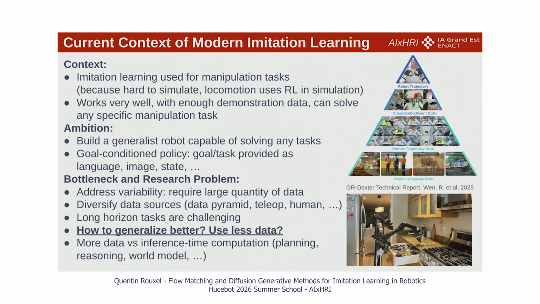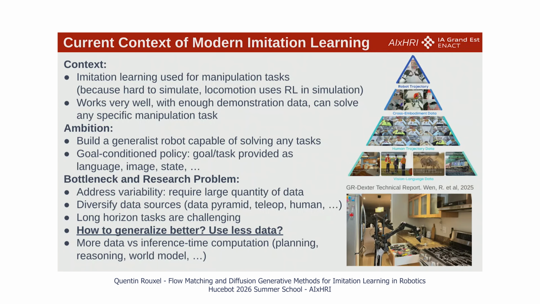Just to give you my current understanding and vision of the current state and context of imitation learning before going to the more technical details. First, imitation learning right now is mostly used for manipulation tasks. There is a kind of duality in robotics: locomotion is solved with reinforcement learning and manipulation is solved with imitation learning. Why?